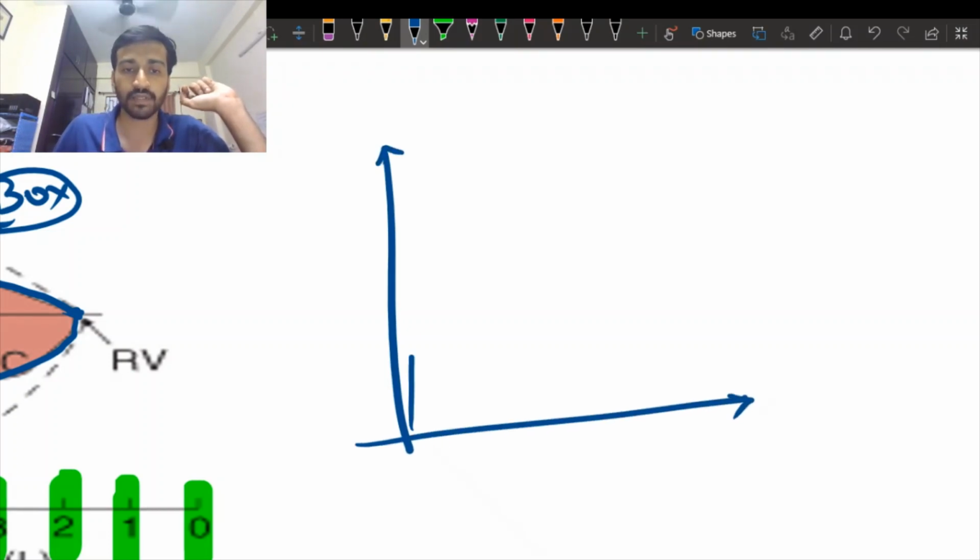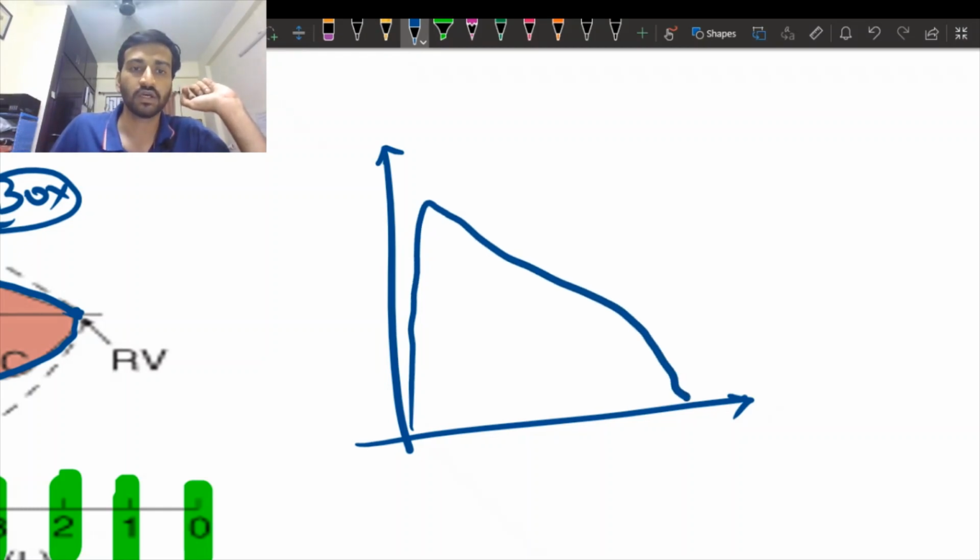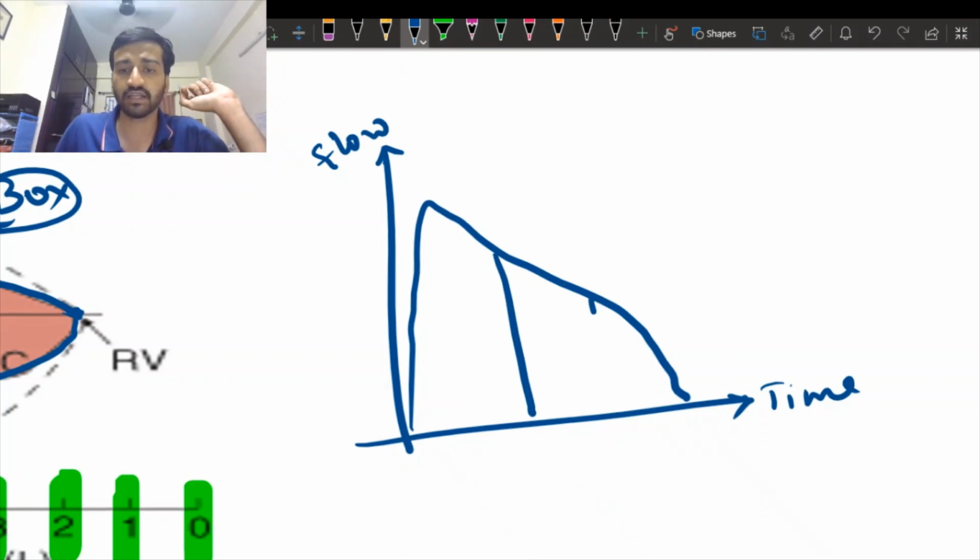in the FEV1, FEV2, FEV3 graph, what happens is it is expiration, that is flow plotted against time: the first second, second second, and the third second. Okay, this is FEV1, this is FEV2, and this is FEV3.